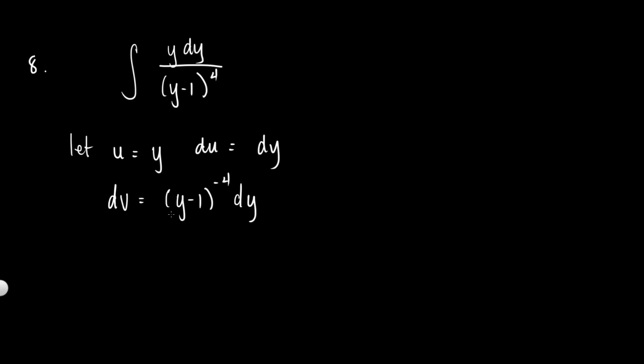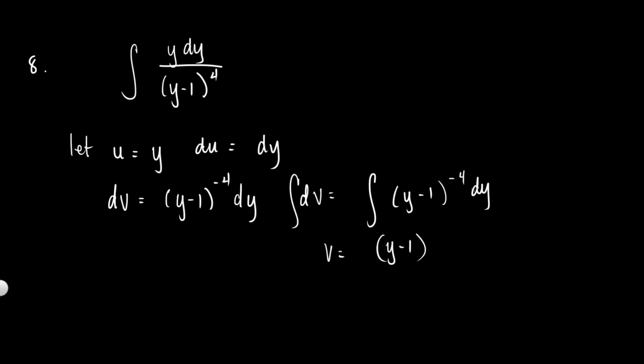Okay? So, dy. Then, if we integrate this, we get v. Right? And it's just the power formula, no? So, v is equal to the integral of dv, which is the integral of y minus 1 raised to minus 4 dy. So, v is equal to y minus 1 raised to minus 4 plus 1 is minus 3 over minus 3. Okay. So, that's it. Then we go to the integral of u dv equals uv minus the integral of v du.